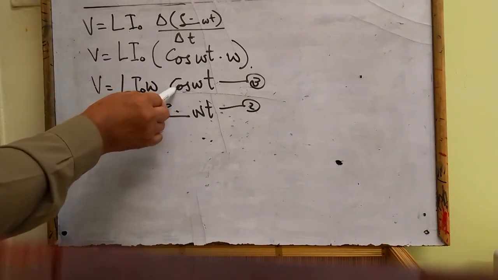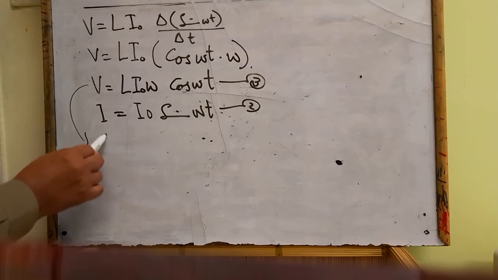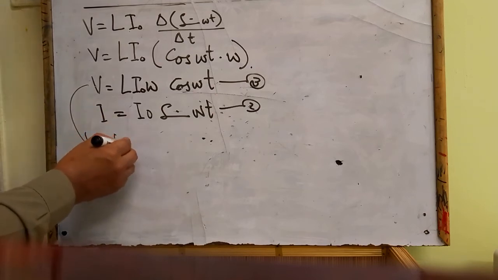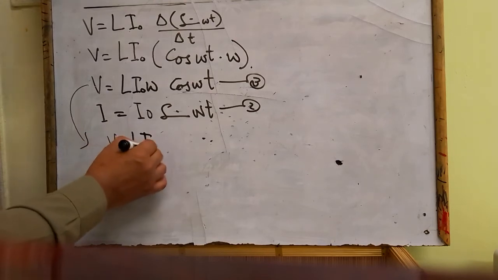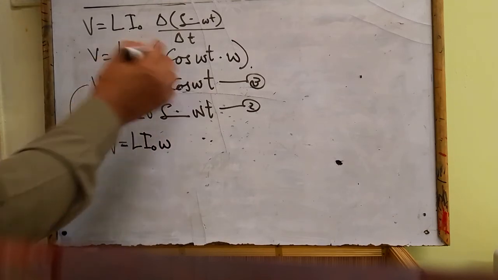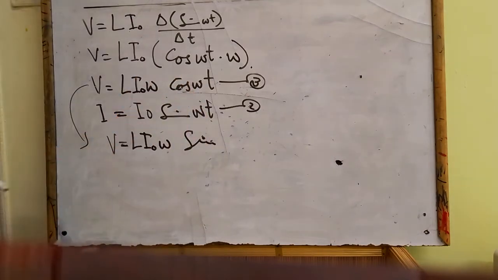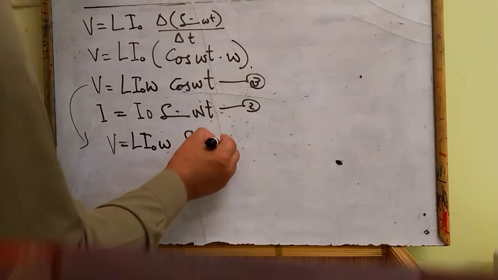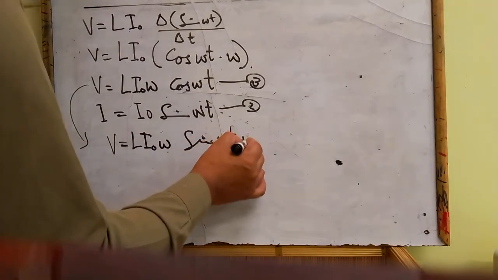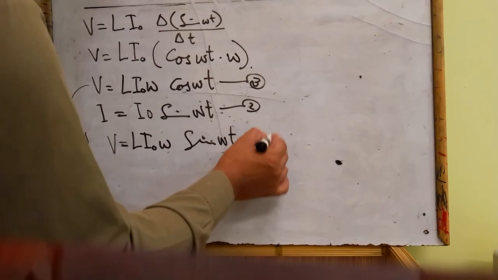So we can replace this cos of omega t with another equation from calculus, L I naught omega, sine of omega t plus pi over 2.